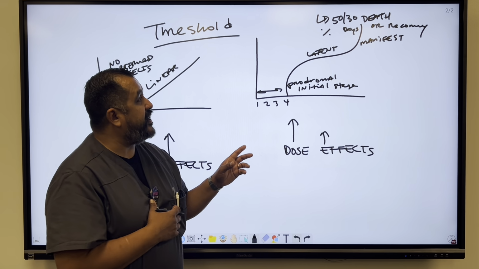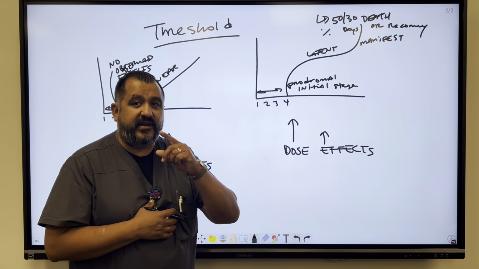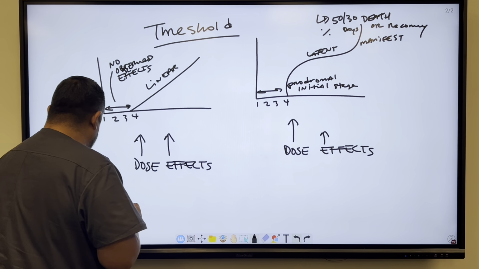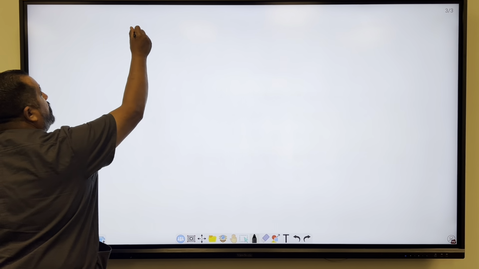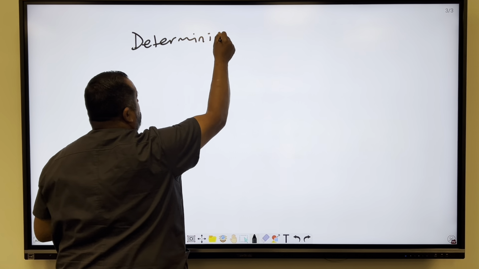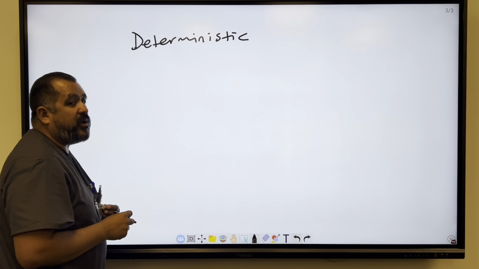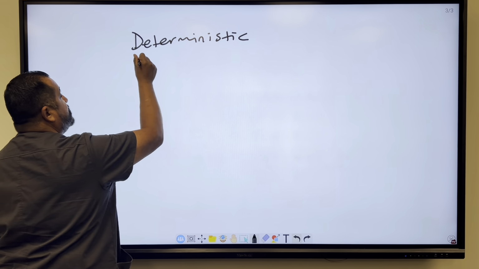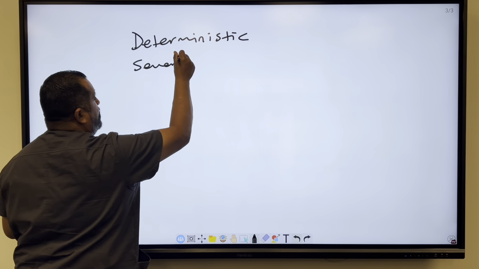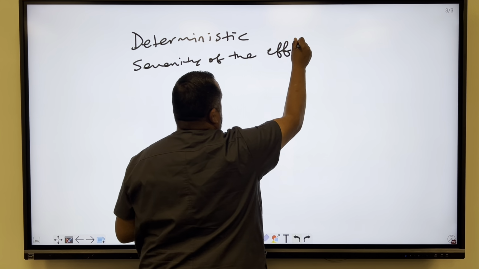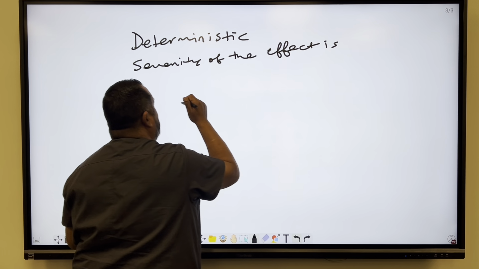So I'm going to go ahead and use this to piggyback on the next thing here, and I'm going to introduce you to deterministic effects. So before we were talking about probabilistic effects, correct? Well, with deterministic effects, the severity of the effect is dose related.